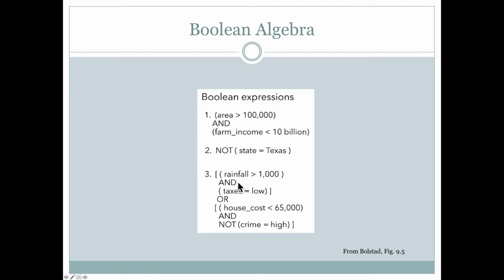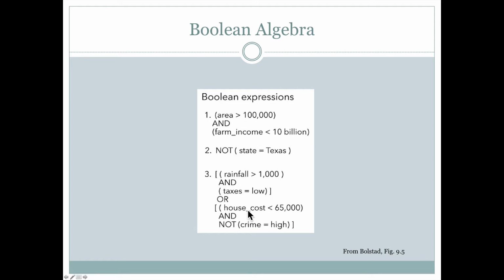Here's a more complicated one. In this case, we're looking for areas where rainfall is greater than 1,000 and taxes are low. So both of those would have to be true for some of those to be selected. But then there's a whole other subset that could also be selected, and this or means that only one of them has to be true in order for one to be selected.